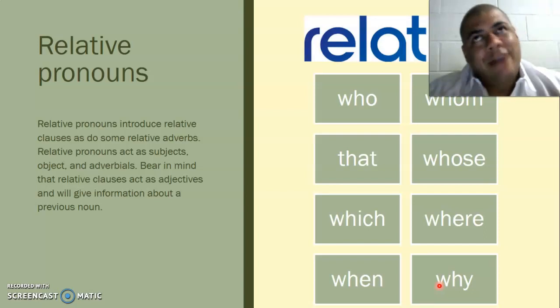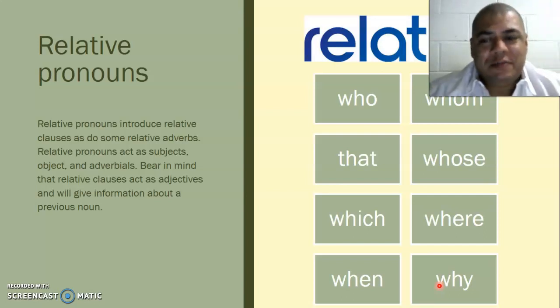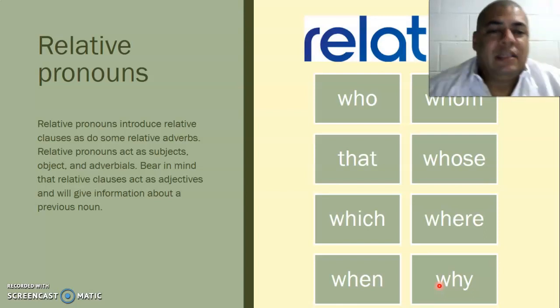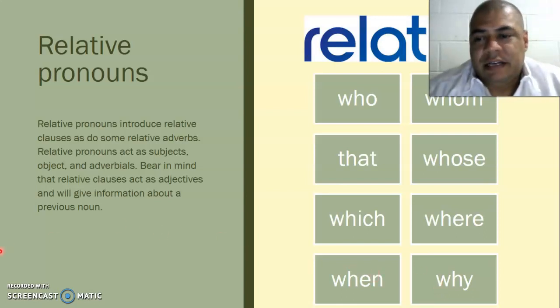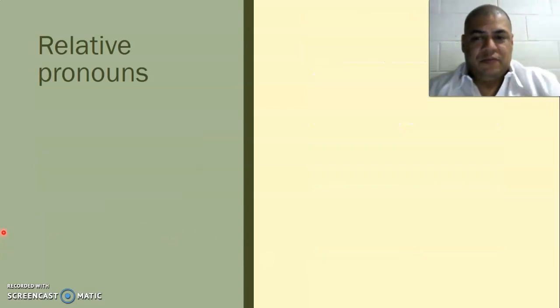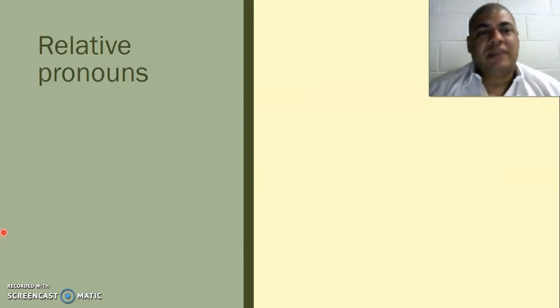Because they are relative adverbs. Now, relative pronouns, all of these words, they can act as subjects, they can act as objects, and they can act as adverbials. Now, to understand relative pronouns better, I have gotten some examples for you.